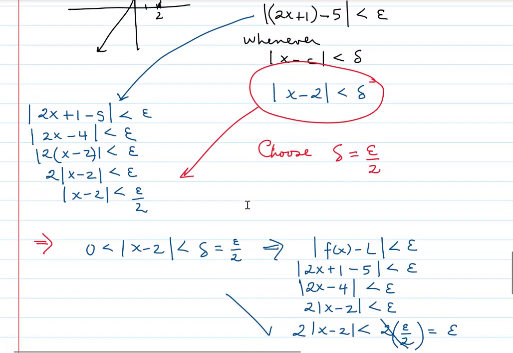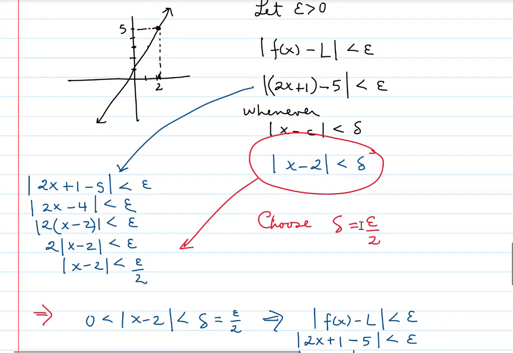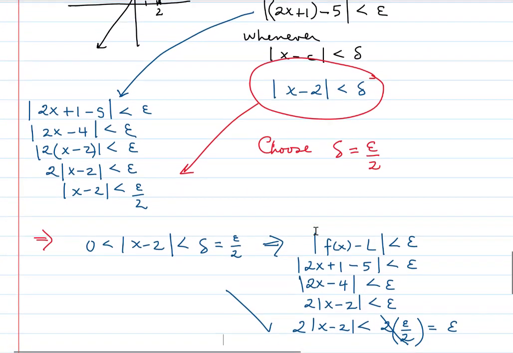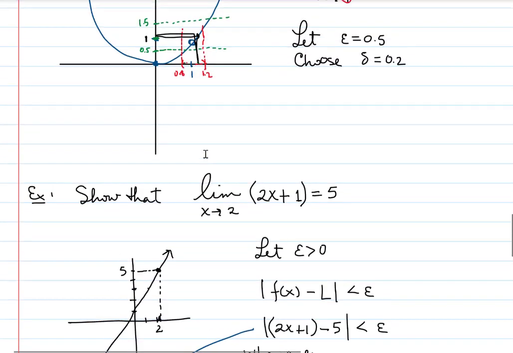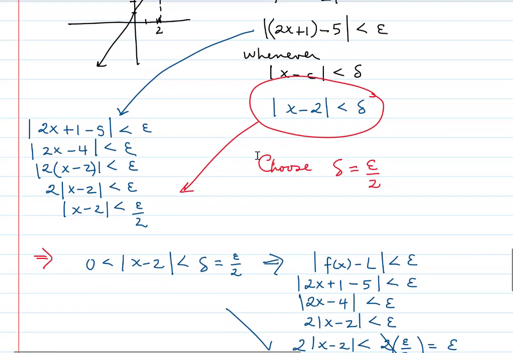Notice here how we didn't use any numbers. We derived a delta in terms of epsilon, so no matter what epsilon is, we're always guaranteed to have a delta that works. Remember how we did one with numbers here? We showed it there, but if we made this bigger or smaller, we had to choose a smaller delta.